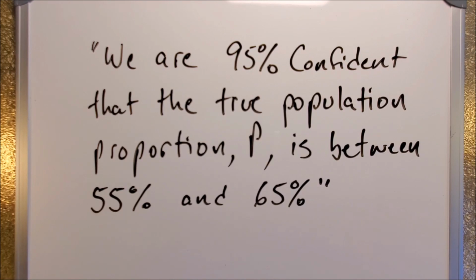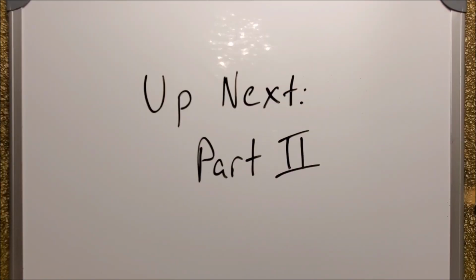I also converted our figures to percentages, but I don't think that's going to confuse anybody. Here's the standard formulation: we are 95% confident that the true population proportion, P, is between 55% and 65%. That's really saying the same thing as the mathematical probability statement that I wrote in the immediately previous segment. Up next, part 2.